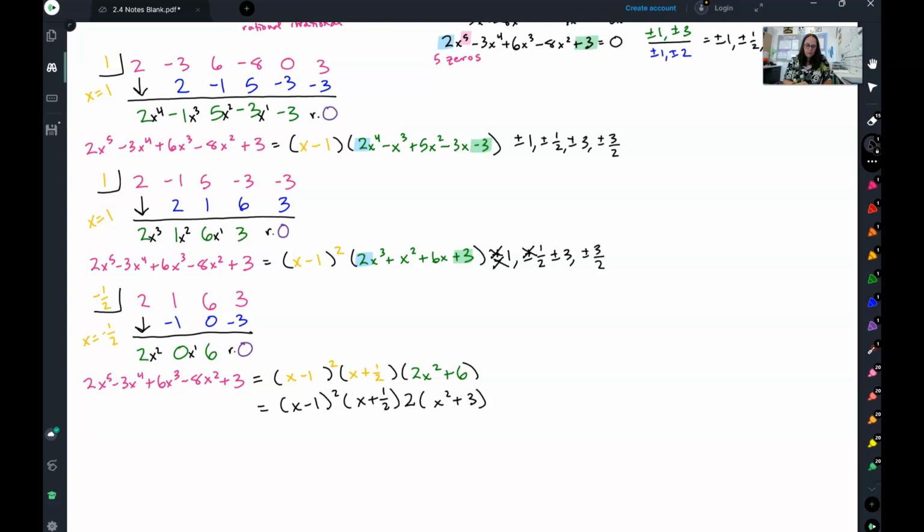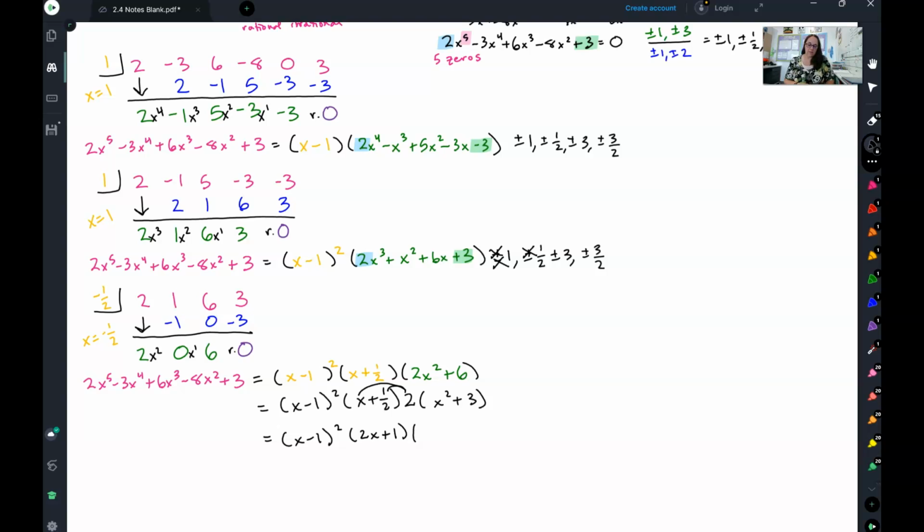I took the 2 out of this one. I'm going to put it back into this middle one. The reason I'm doing that is this will become 2x, and 1/2 times 2 is 1. It just gets rid of your fraction, just makes it look a little nicer. Once again, you don't have to do that. I just like to make sure the fraction goes away and make it look prettier.